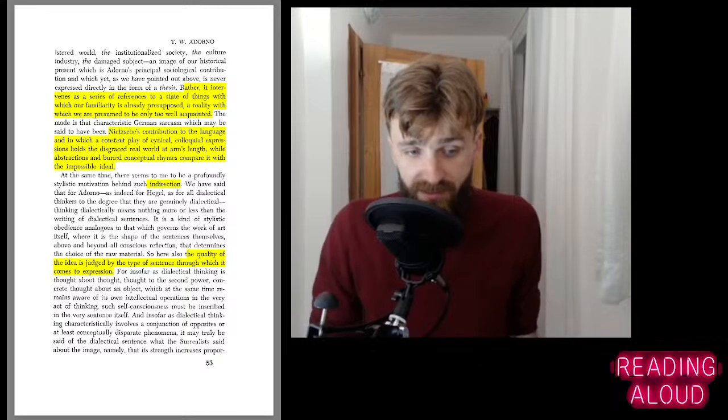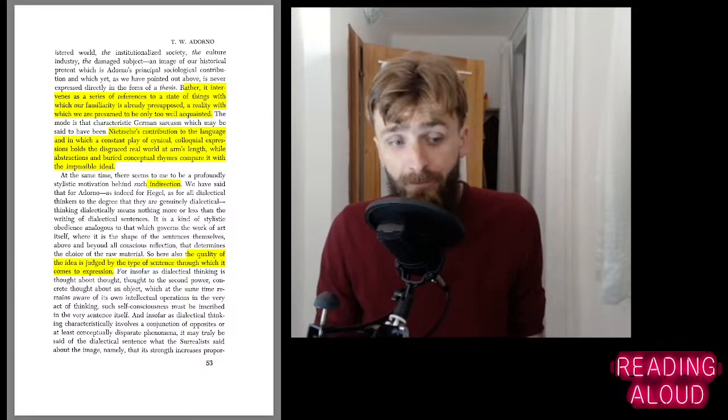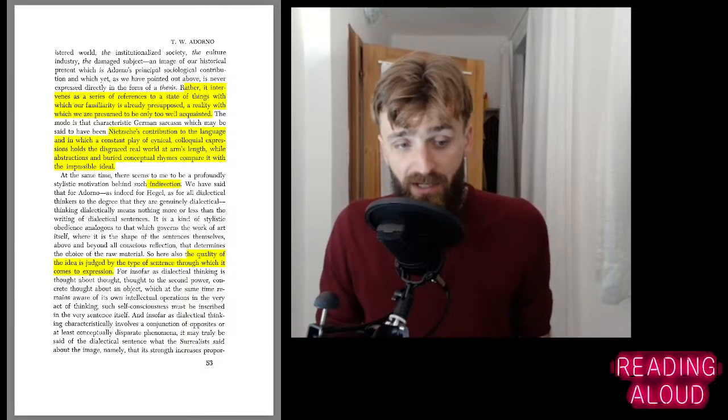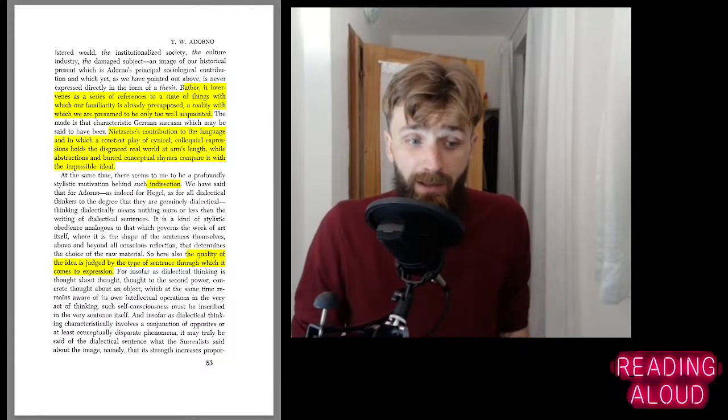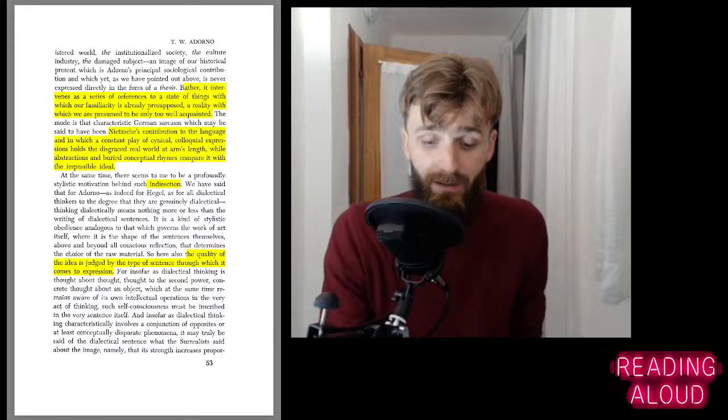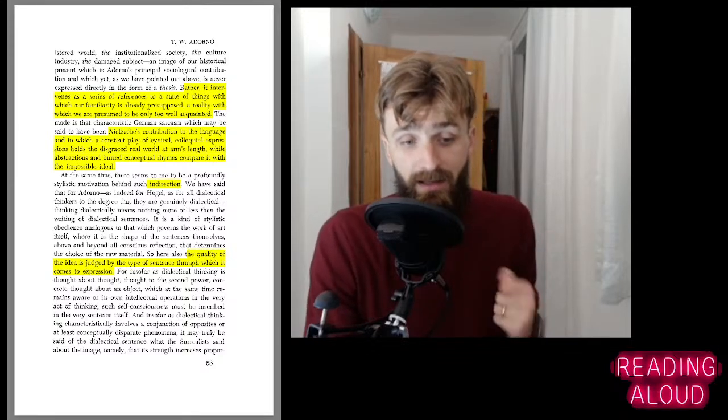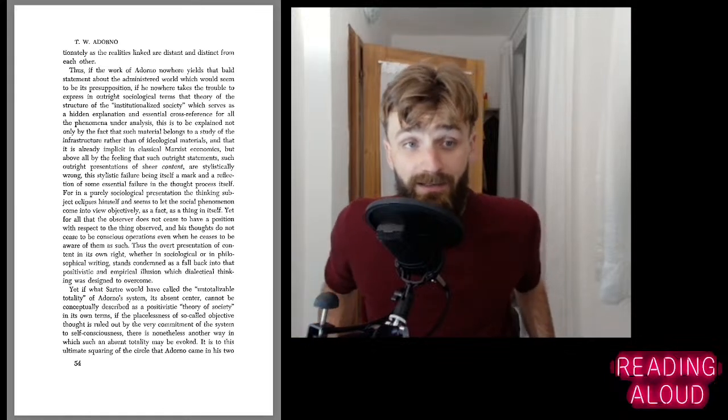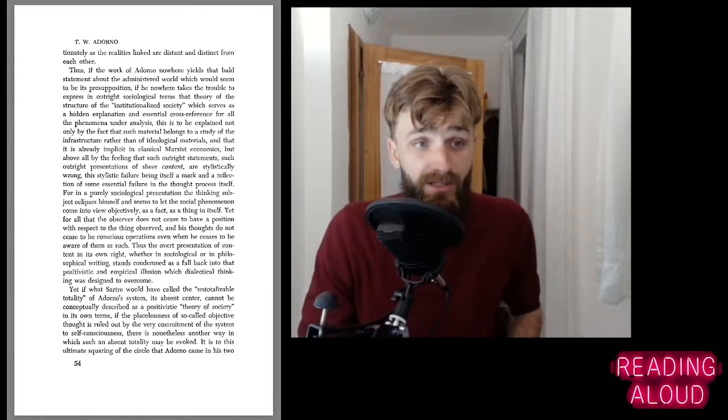And insofar as dialectical thinking characteristically involves a conjunction of opposites, or at least conceptually disparate phenomena, it may truly be said of the dialectical sentence what the surrealists said about the image, namely that its strength increases proportionately as the realities linked are distant and distinct from each other.